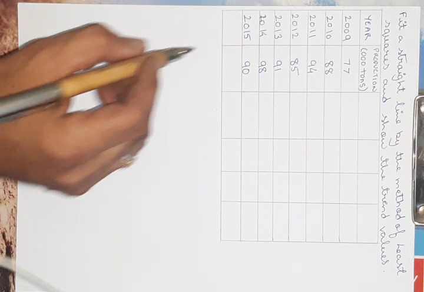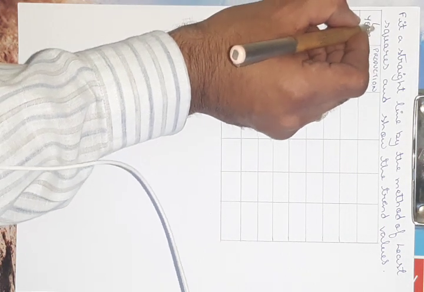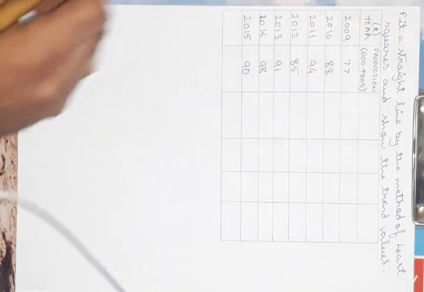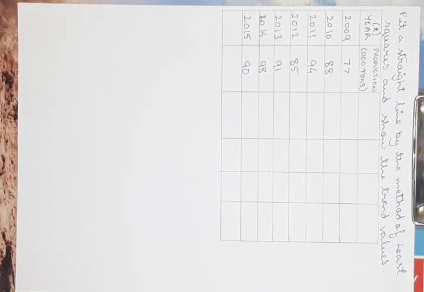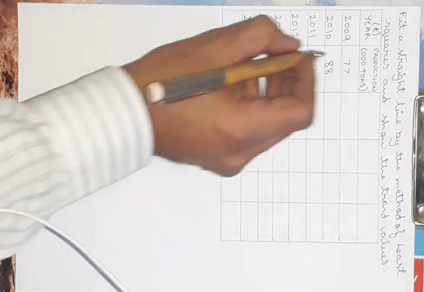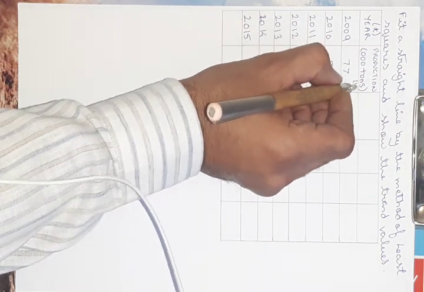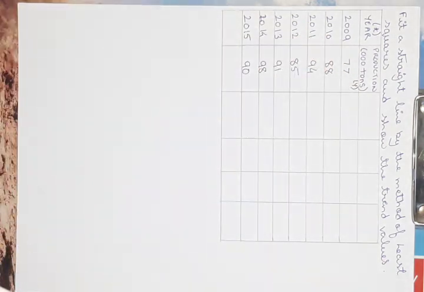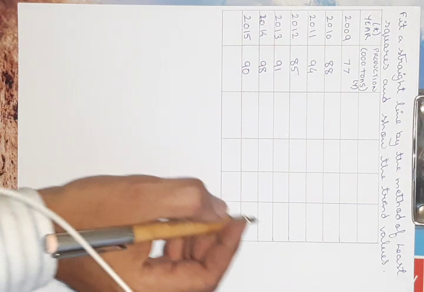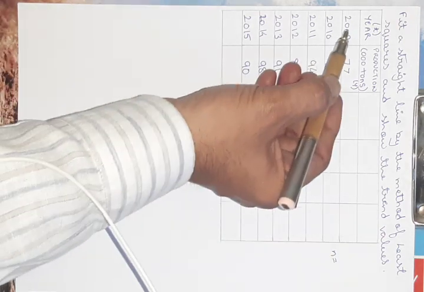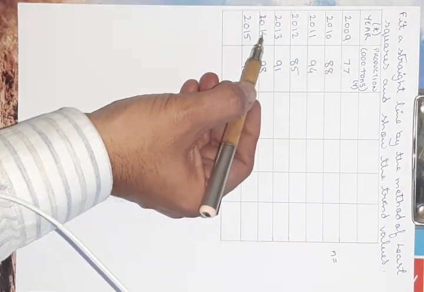For example, first is year. Let us say we have denoted the year by small t, as well as production which is denoted by y. Now here we can see the value of n, how many observations are there, how many years are there: 1, 2, 3, 4, 5, 6, 7.